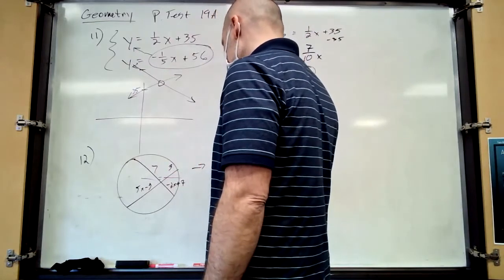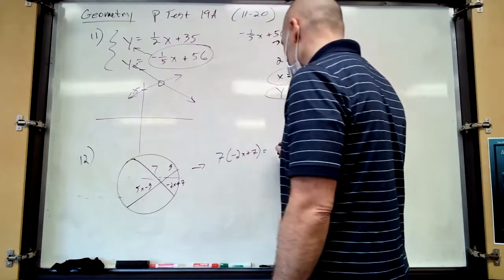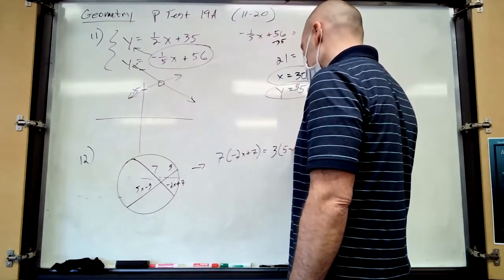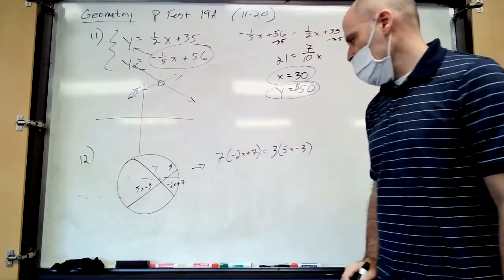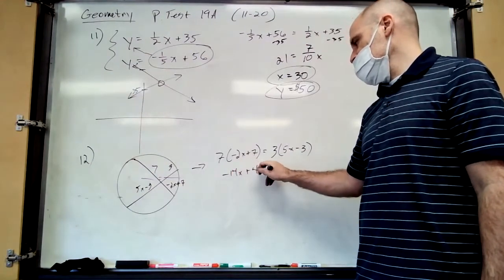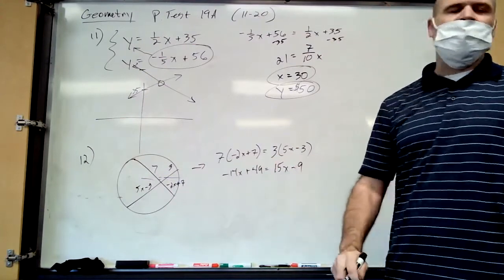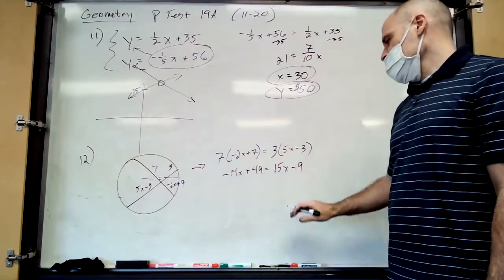So that's 7 times -2x plus 7. And that has to equal 3 times 5x minus 3. Okay? So -14x, I'm just distributing, plus 49 equals 15x minus 9. Lots of algebra so far. Okay?